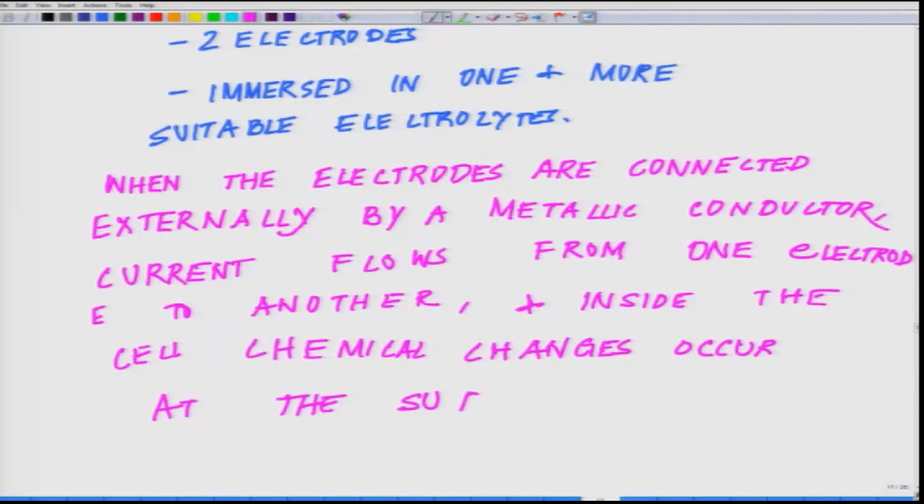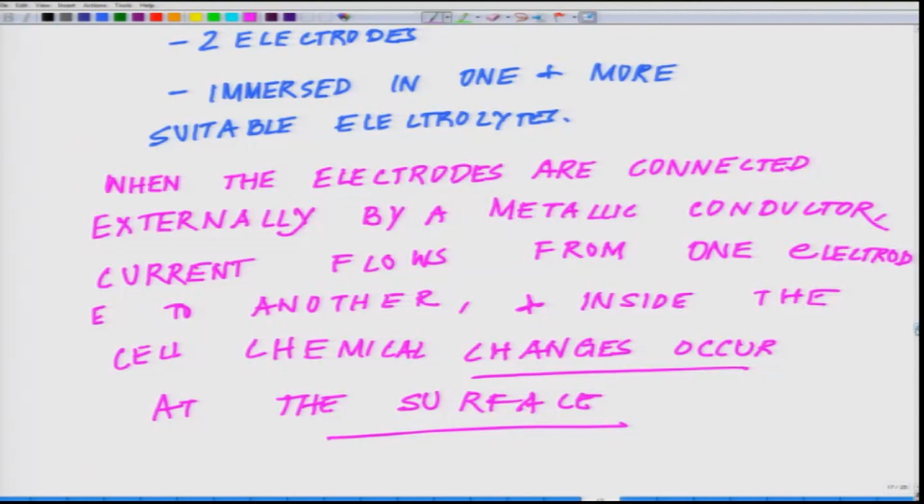Now, what are the chemical changes occurring at the surface of the electrode? This part is important. A galvanic cell is also rightly called an electrochemical cell, whereas an electrolytic cell is one in which electrical energy from an external source is used to carry out a chemical change.